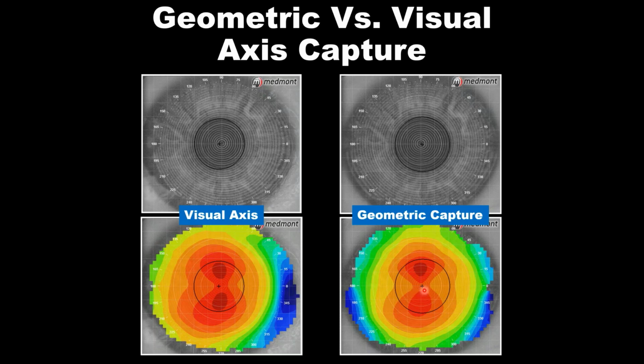Whereas when you look at the geometric capture, it actually looks like the contours might be stretched a little more nasal than they are temporal. So at the very least, we would expect our lens to position very well laterally, maybe, if anything, a little bit nasal. So that's the benefit of doing geometric captures.